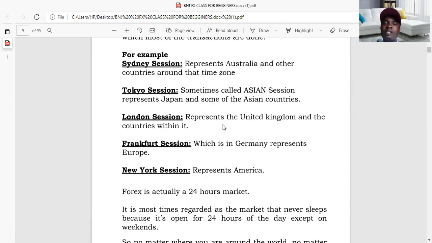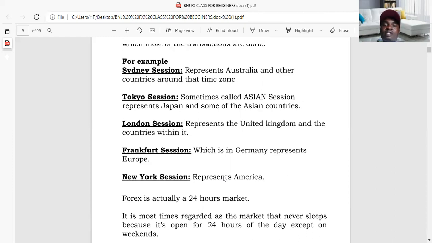London session represents the United Kingdom and the countries within it. Frankfurt, which is in Germany, represents Europe. New York session represents America. So these are the sessions and the countries they represent.